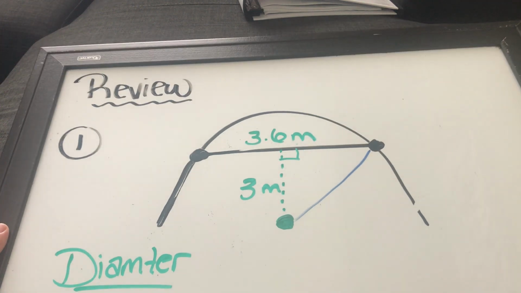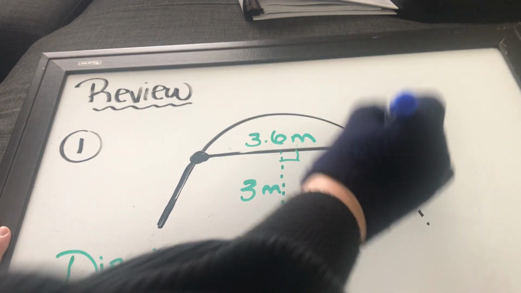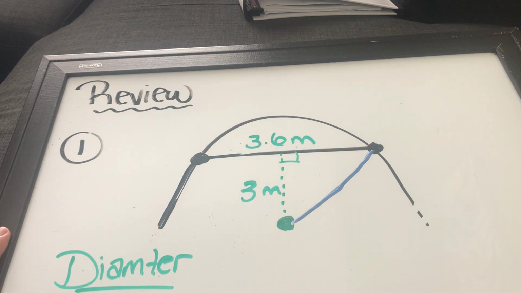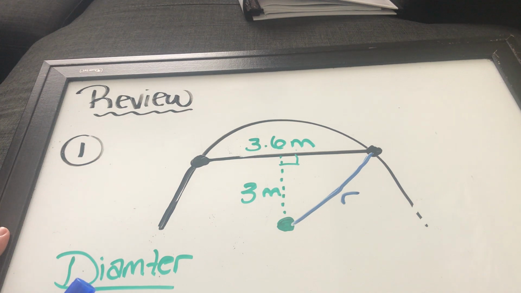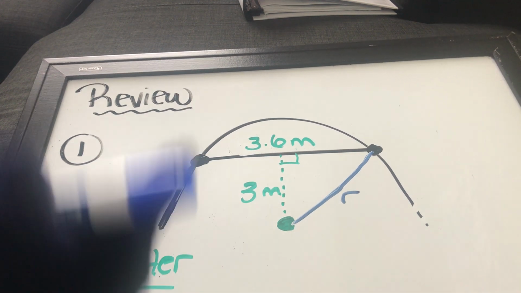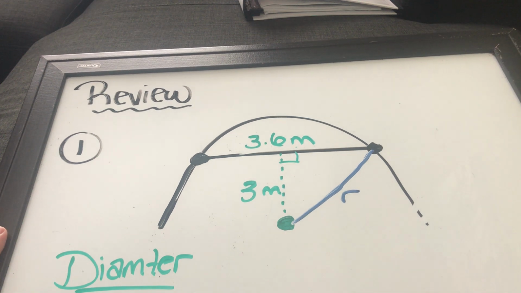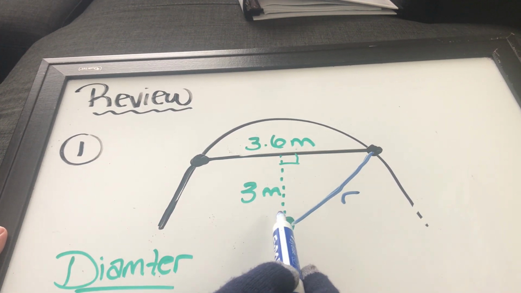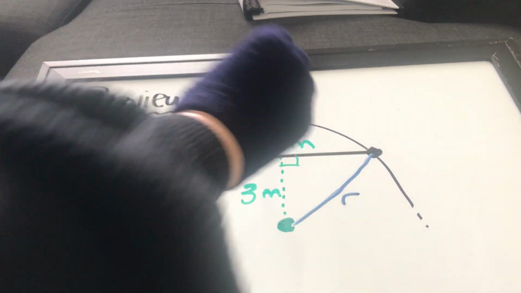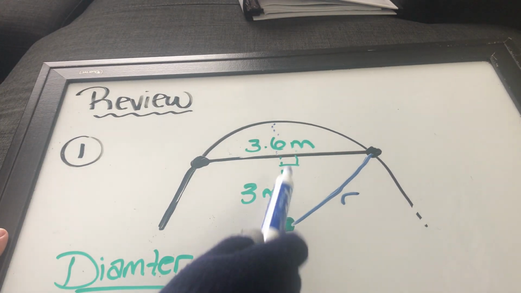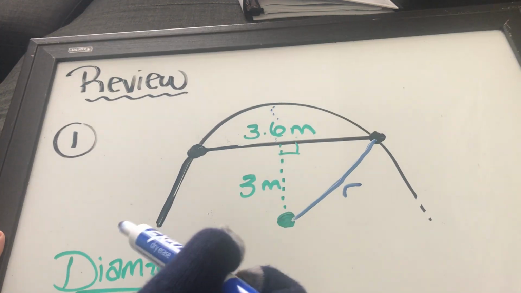Now, why would I even care to create that triangle? Well, isn't this length here my radius? And if that's my radius, I'm just going to call it R, then can't I find my diameter after I find my radius? And I can find my radius by using what I know about chords. Well, what do I know about chords? I know that the radius, so even if I were to extend, radius or diameter, if it intersects the chord at a 90-degree angle, it bisects it.